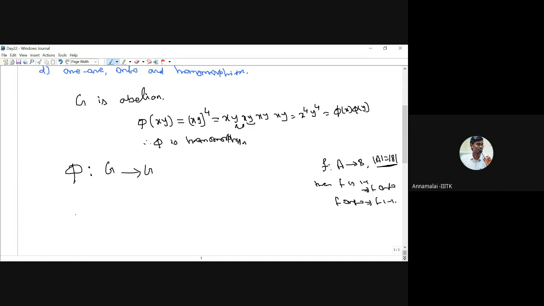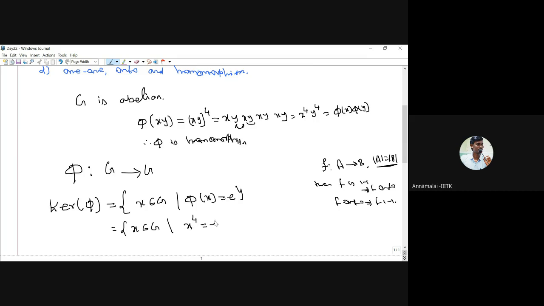Now we have to find what is the kernel. So what is the kernel of the function pi? By the definition, the set of all elements in G which map to the identity element, that is pi of x equal to identity. Now, what are the elements mapped to identity? So by the definition again, that is the set of all x in G. What is pi of x? We defined x power 4.